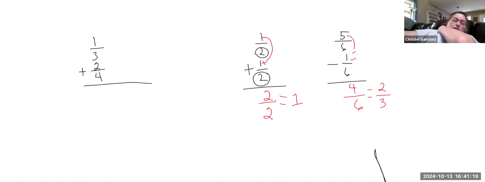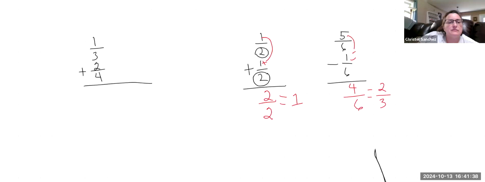The way I was taught is different than the way that I'm going to teach y'all right now. But through the years of tutoring students, this is what they have taught me y'all have been taught. Okay, so what you're going to do is take your denominators.